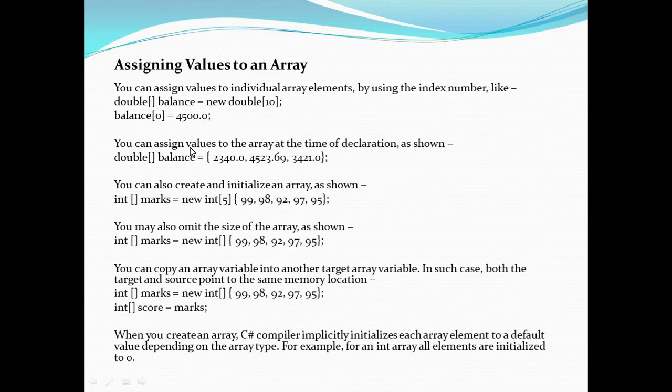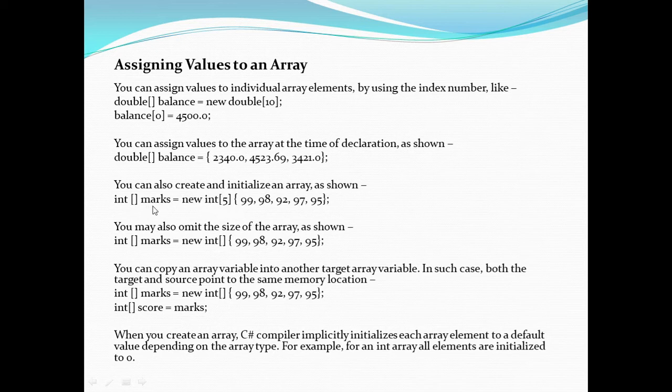You can assign values to the array at the time of declaration as shown. Here we have given 3 elements, so the size of the array will be considered as 3, because only 3 elements are given.